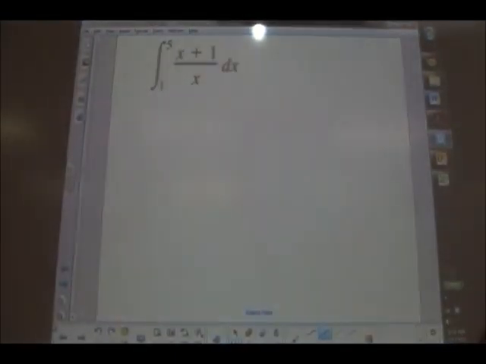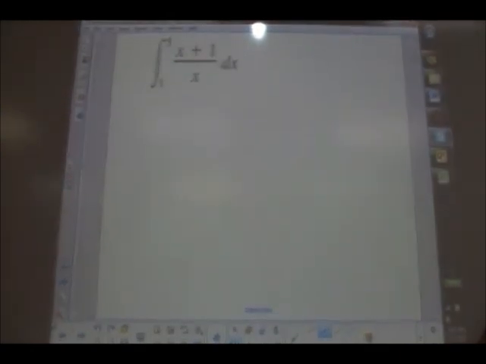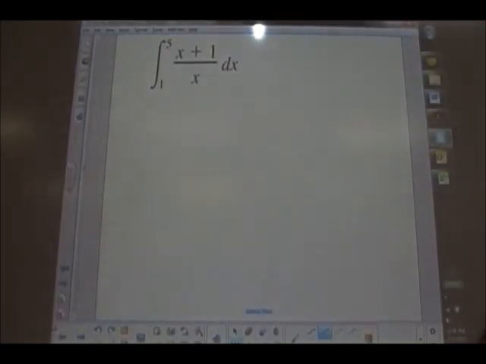The integral of (x plus 1) over x from 1 to 5. Is it an indefinite integral or a definite integral? Why is it definite? We've got boundaries. If it's a definite integral, will my answer have x's in it?